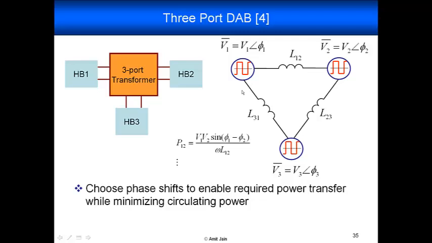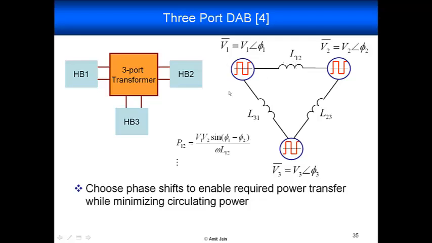The dual active bridge converter can be extended to multiple number of ports, so it could be viewed like a power system where you have multiple voltage sources which are separated by inductive lines. So in the two bridge case we just had two voltage sources separated by one inductance.